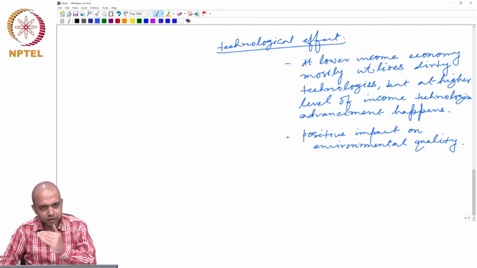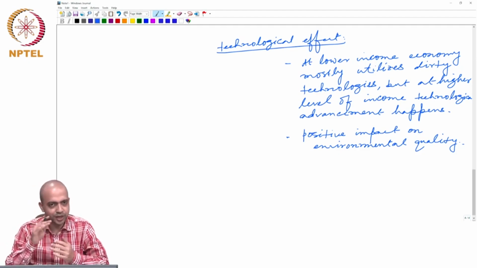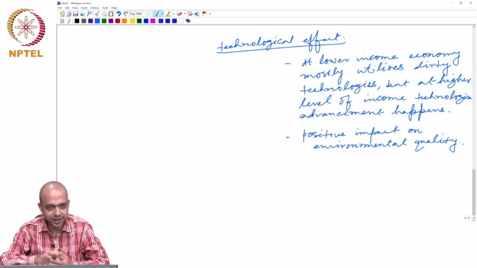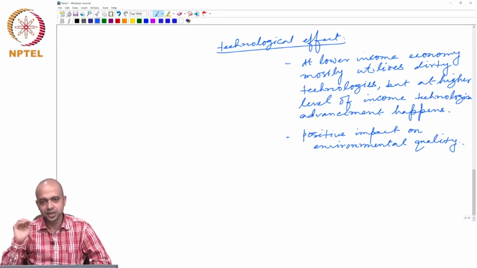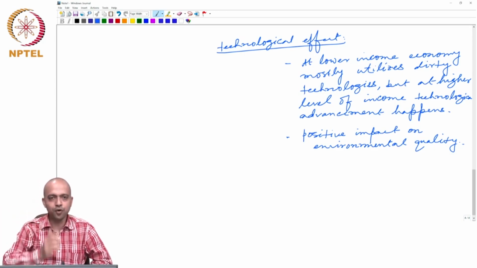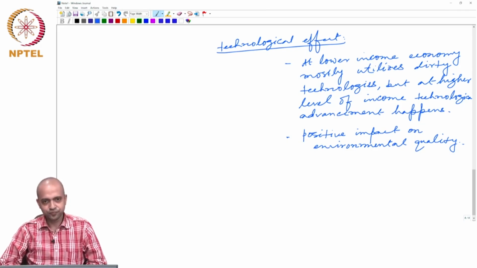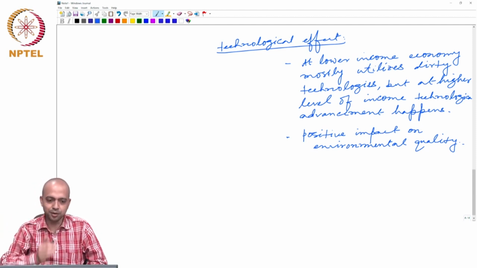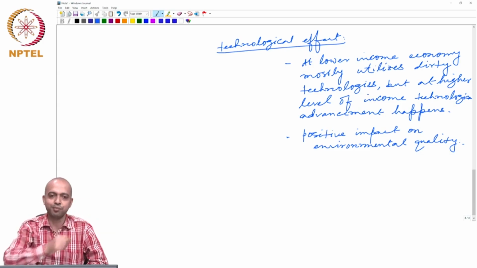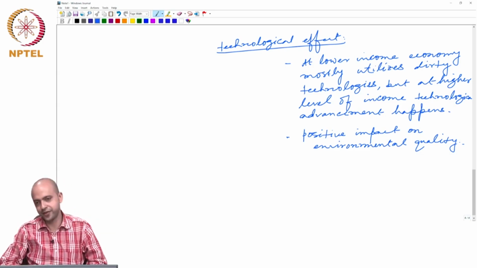It is assumed that when the economy starts growing at the initial phases, scale effect is more powerful than the composition and technological effect. So, negative impact of the scale effect outweighs the positive impact of technological and composition effect. At higher level of income, positive impact of composition and technological effect outweighs the negative impact of the scale effect.